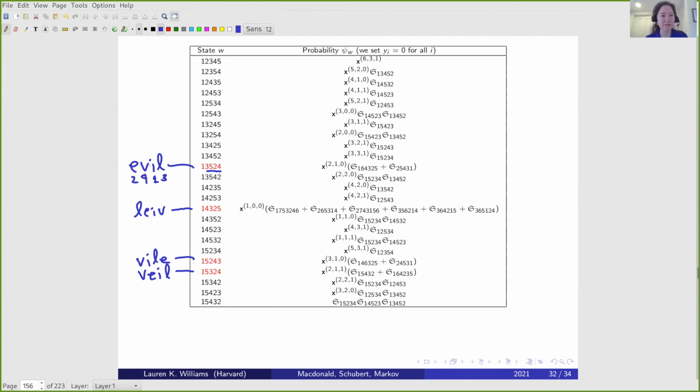Okay, so these 4 words correspond to the four bad states when n is 5.